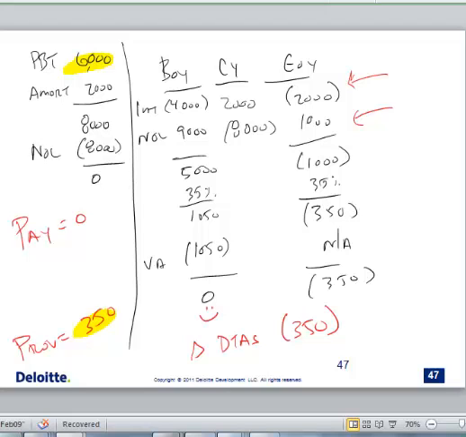How am I getting 1050? Oh, that's a typo. This should really be 1750. Doesn't matter. The key number is this number, 0. You get credit for being awake, though. More power to you.